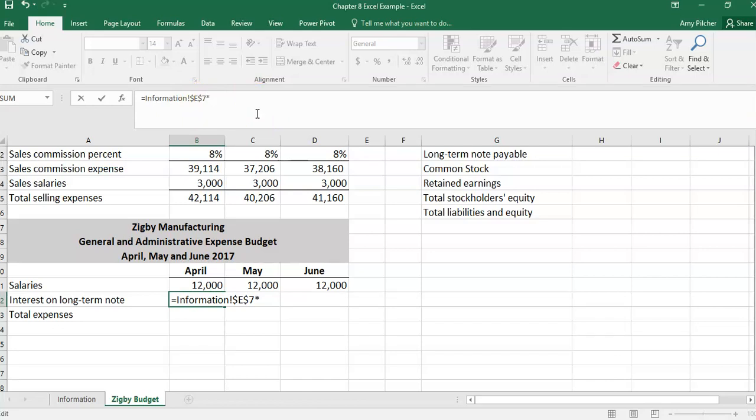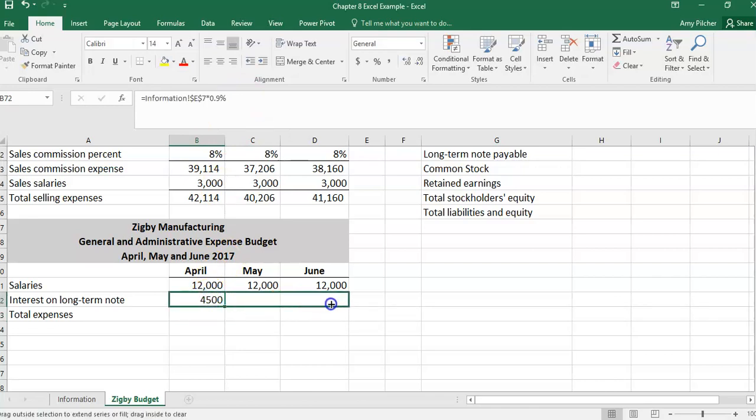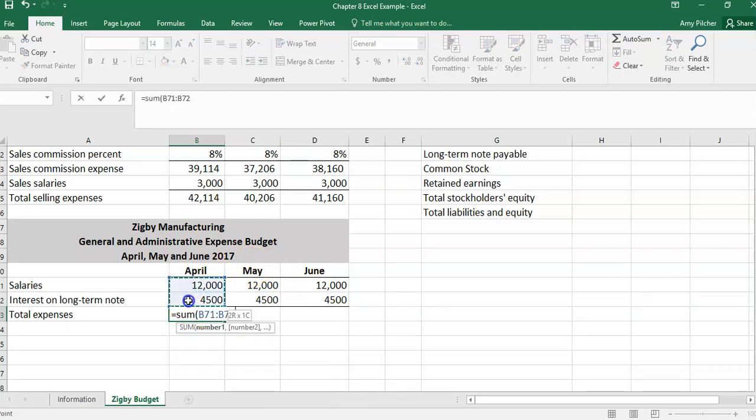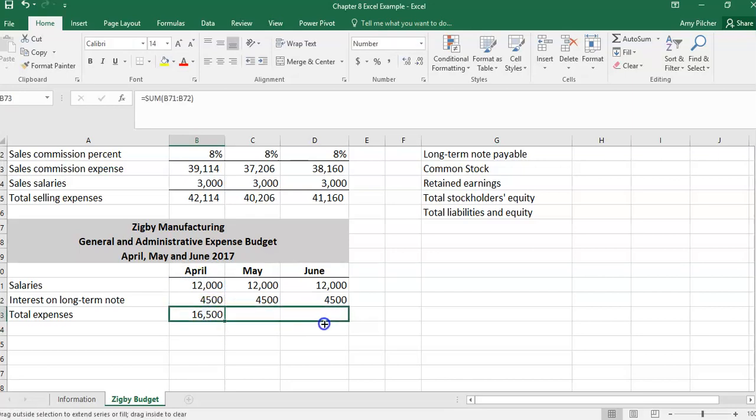Times our 0.9%. And you should get $4,500. Because we locked that cell, we can copy that information across and it's going to give us the same information. We add those together and now we have our total expenses for general and administrative expenses.